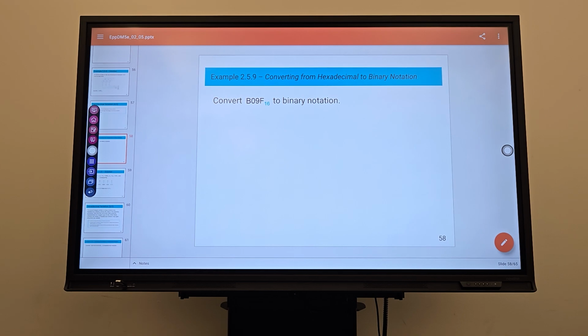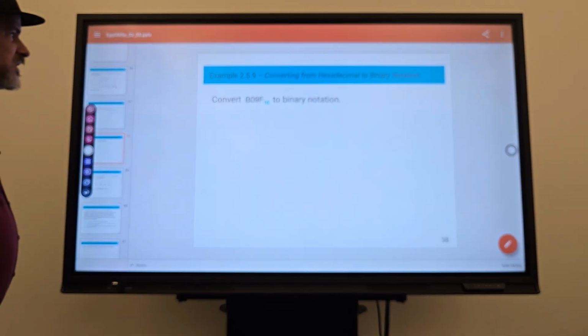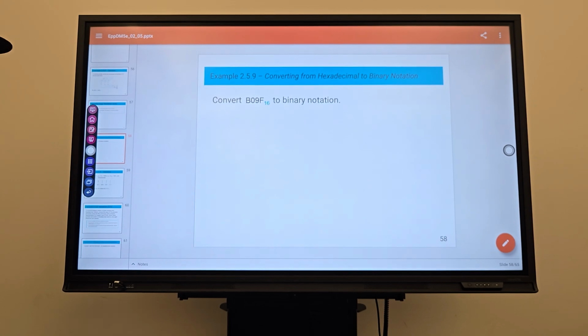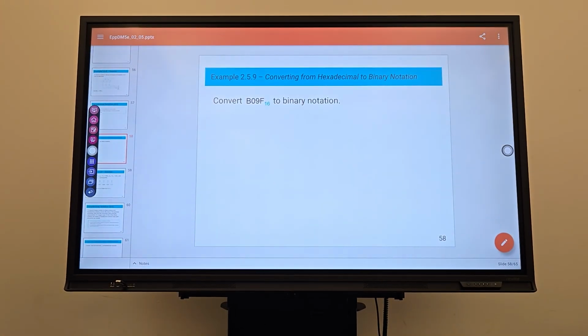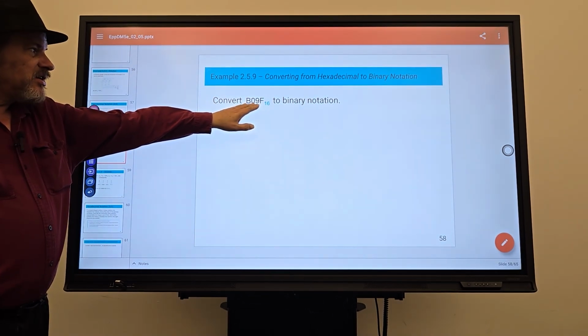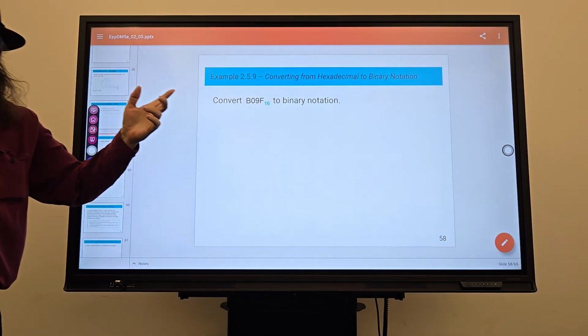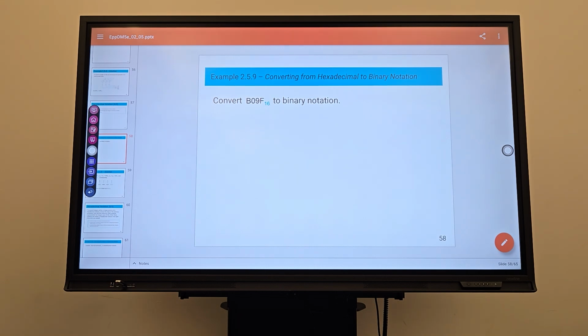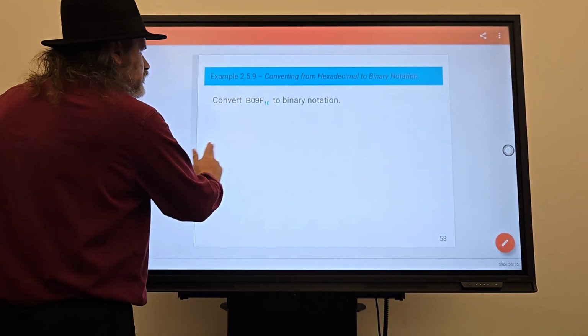B09F is a lot shorter and easier to say. But that's a 16-bit number because it's 4 bits for each hexadecimal digit. So there's 4 digits, 16. That's a 16-bit number. All right.